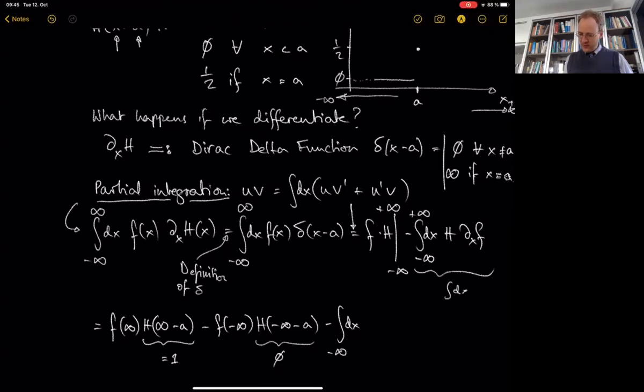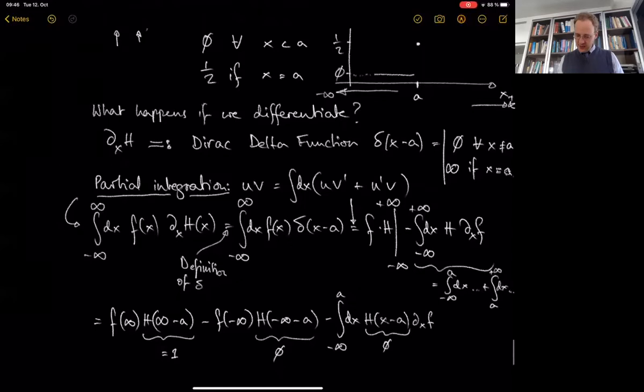Once we go from minus infinity to a, and then we go from a to plus infinity. You can partition your integrals in as many parts as you wish, as long as you make sure you don't count twice. So we only go up to a, and we integrate h of x minus a up to a, and that integral is just summing up zeros, so this must be 0.